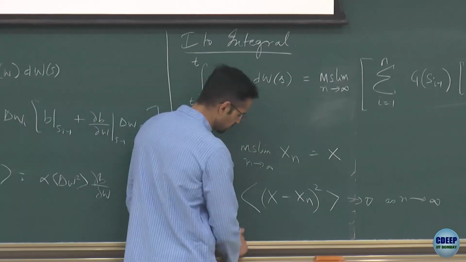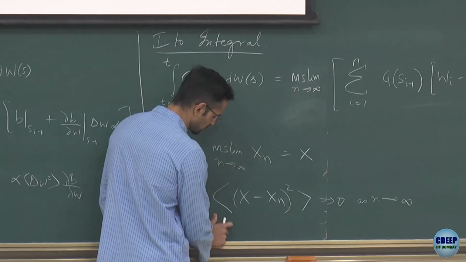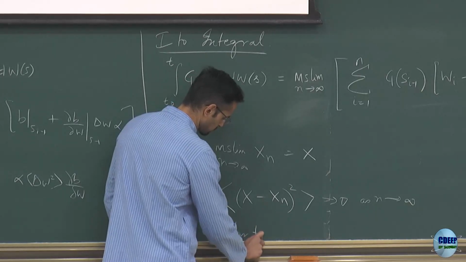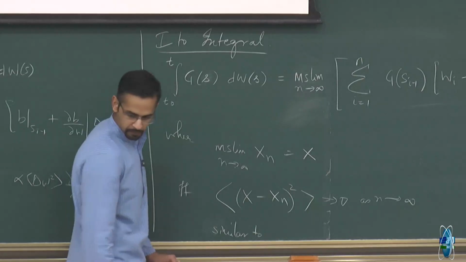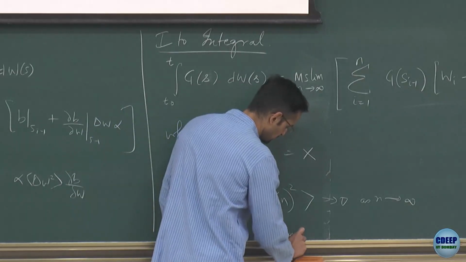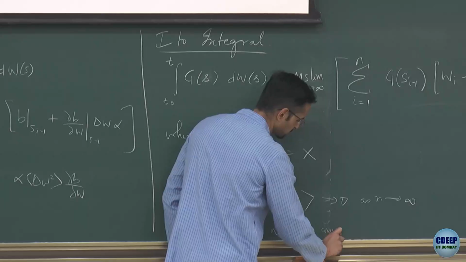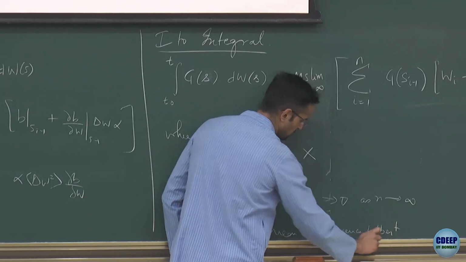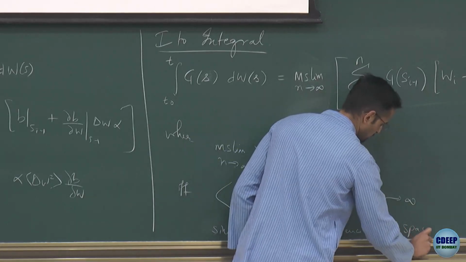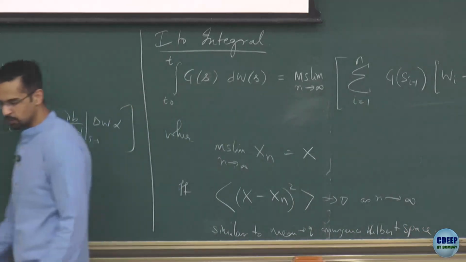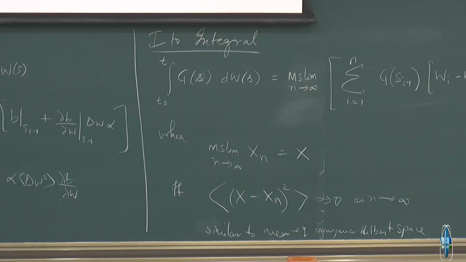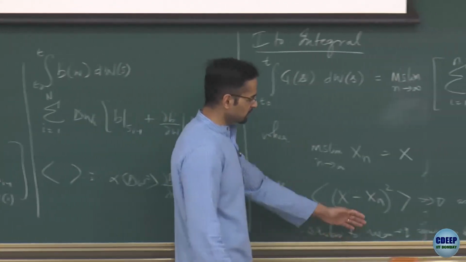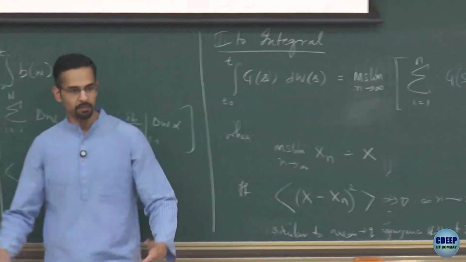So it's like mean square convergence. And this sort of definition is in fact similar to the mean square convergence in Hilbert space. Those who have done some functional analysis know that in Hilbert space, we define a suitable norm, the 2 norm, and there we define convergence in the mean square sense.